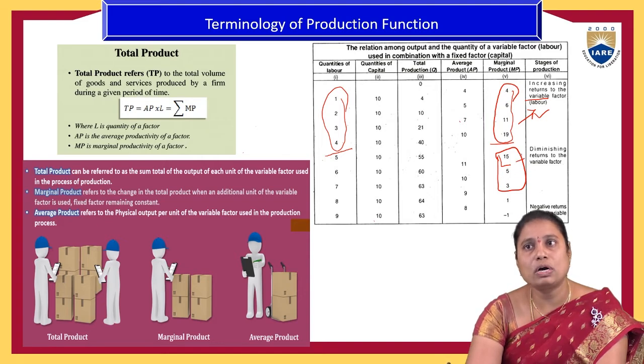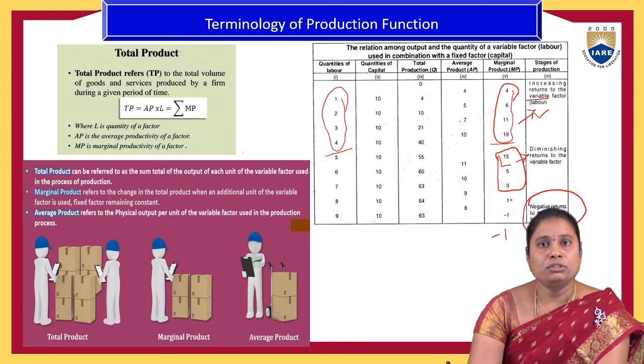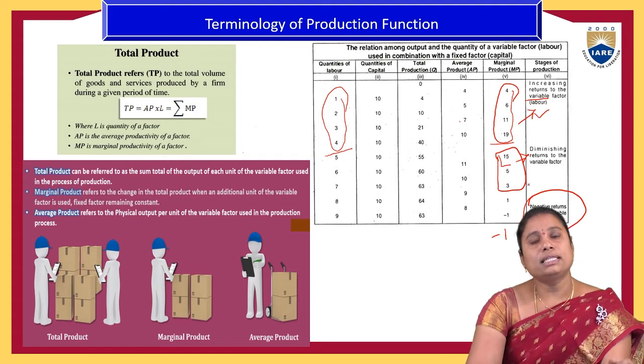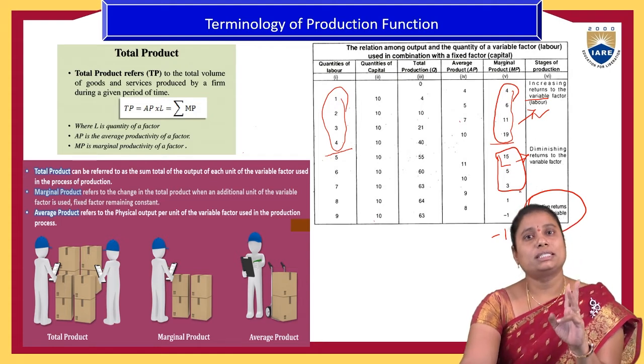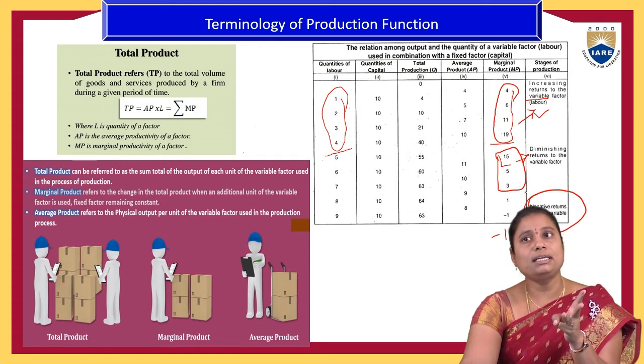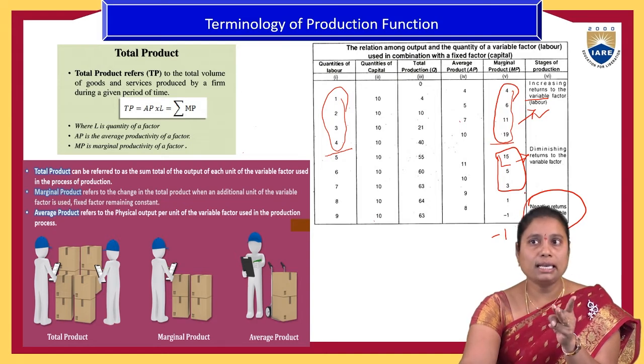That situation is called diminishing returns to the variable factor. And if it leads to a negative value, then it is called negative returns to the variable factor. So there will be 3 stages: increasing returns, diminishing returns, and negative returns.